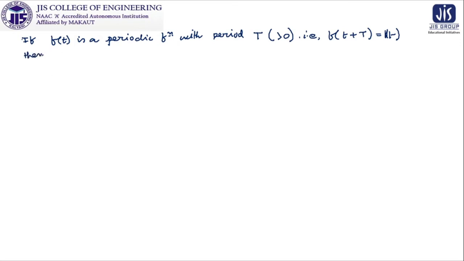Then the Laplace transform of f(t), that means of this periodic function, will be 1 by 1 minus e to the power minus sT, times the integration from 0 to capital T of e to the power minus st f(t) dt.